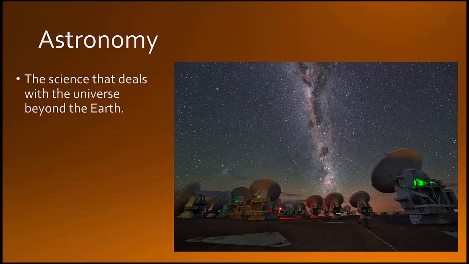Astronomy is just the science that deals with the universe beyond the Earth, which is a very broad and kind of vague definition, but it covers everything outside of the Earth's atmosphere, from moons, stars, planets, black holes, asteroids, all those things, down to the smallest fundamental forces of nature, to the largest things, the scale of galaxies, super clusters of galaxies, the entire universe itself, getting into cosmology about when did the universe form, all right?